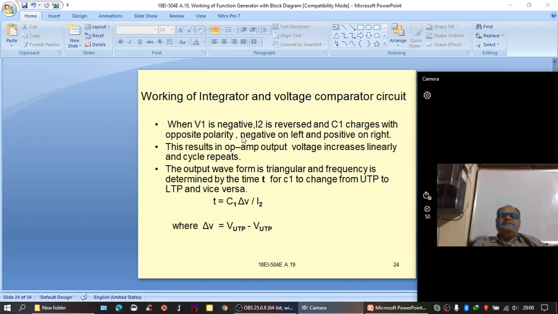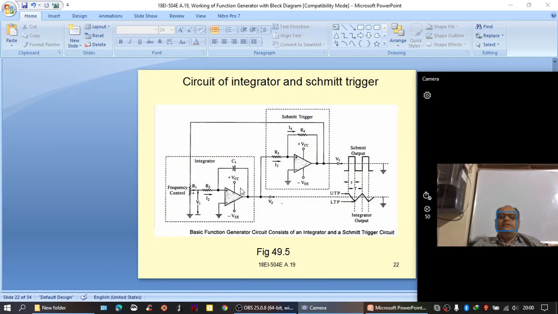When V1 is negative, I2 is reversed and C1 charges with opposite polarity, negative on the left and positive on the right. I have explained how. When the voltage falls below LTP, the output changes.